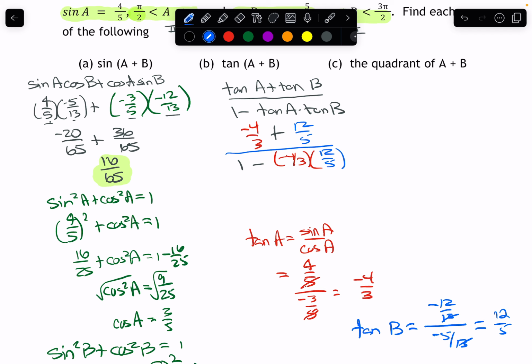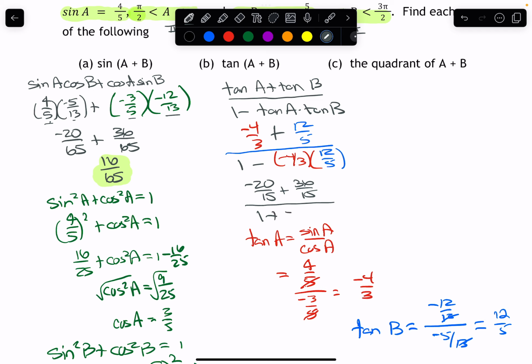So I think I can squeeze this if I go to the right. Numerator, we're adding these together. So that means we're going to have a common denominator, which would be 3 times 5, 15. So it's going to be negative 20 over 15 plus 36 over 15. Let me go ahead and multiply this bottom out together.